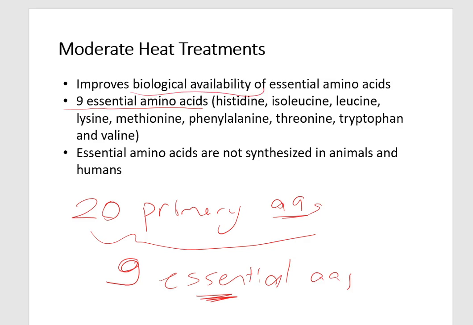As we said in the previous slides, they will be biologically available to be absorbed by the body, because these anti-nutritional factors, which impair digestion, will be removed. So when we improve the digestion, we improve the biological availability. Okay, let's continue.